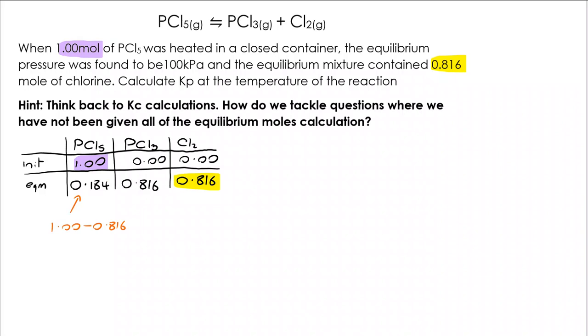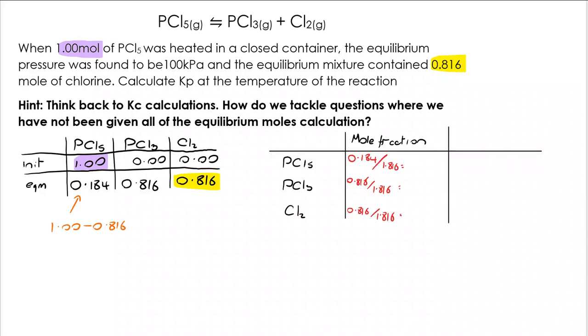Now I've got my equilibrium moles, I need to work out the mole fraction. So my mole fraction, remember, is the number of moles of the gas that we're investigating divided by the total number of moles. 0.184 plus 0.816 plus 0.816 is 1.816. So we're going to divide each of those equilibrium moles by 1.816.